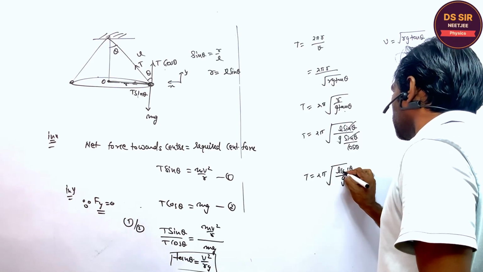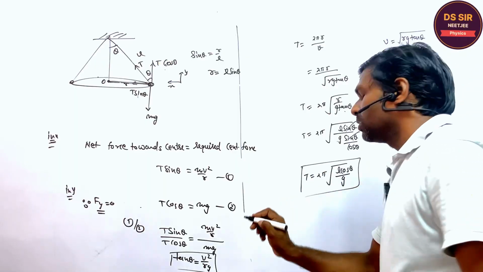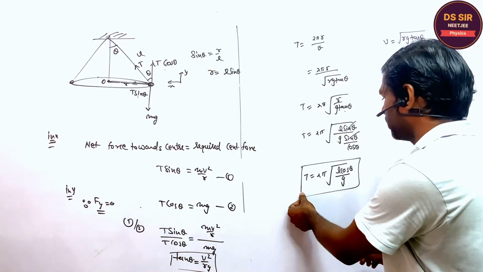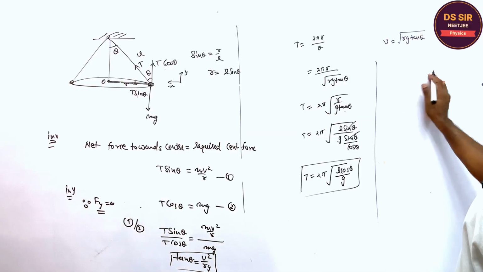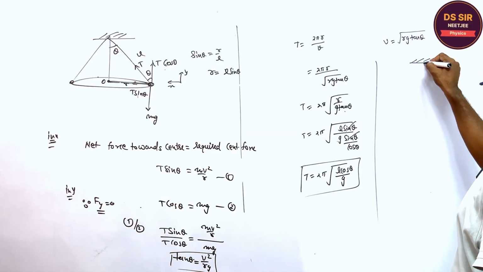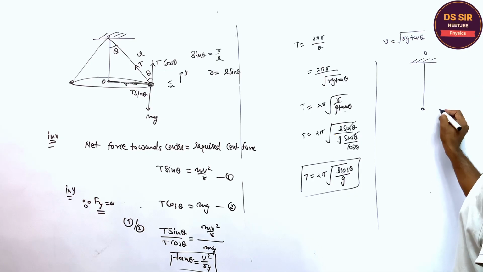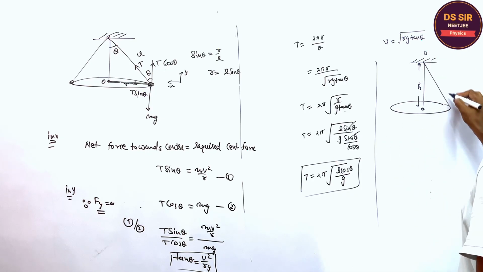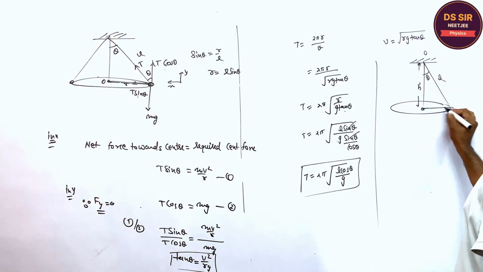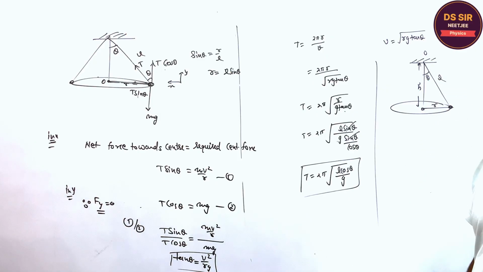In most books, the expression for the time period of a conical pendulum is given like this, but it may be further simplified. Suppose this is the point of suspension in the center of the circle. The height is h, the length is L, this is theta, this is the radius, right?